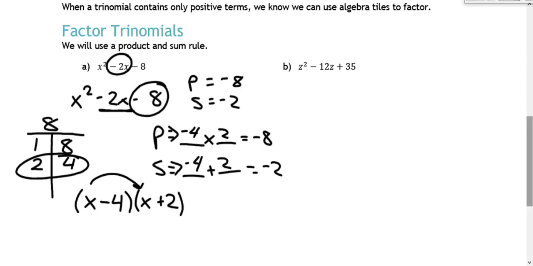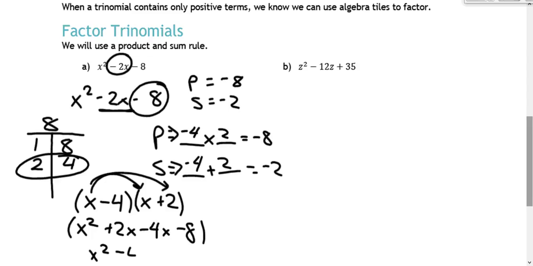So if we go first, we get x squared, outers plus 2x, minus 4x, minus 8. And if you do not get back to where you were, you've done something wrong. Sorry, that should be a 2. Perfect. Okay, let's try it over here.